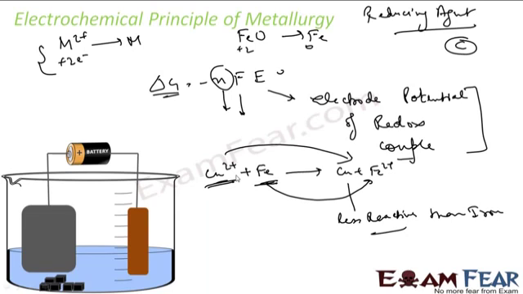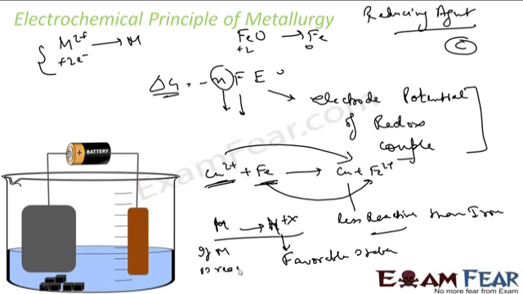Please note, when I say more reactive metals, that means the metal will not be in its pure form. For example, if metal M is reactive, that means the metal will be in the form of M^n+ with some charge, since this is the favorable state. If M is reactive, it is difficult to reduce M^n+ to M. Just think from this perspective.